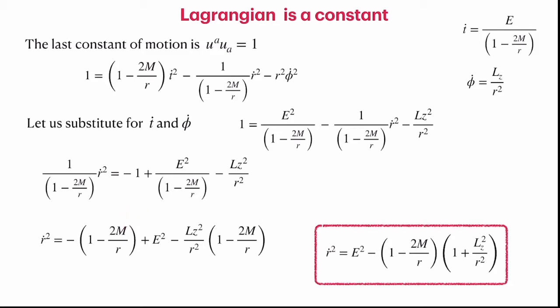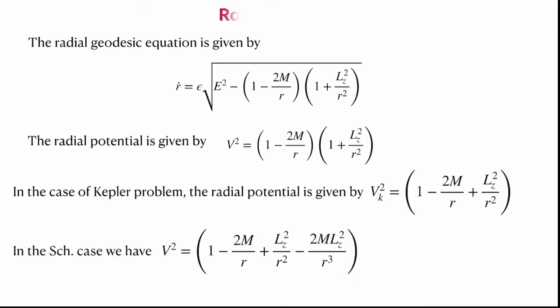These two factors are common, and then what we get is r dot square is equal to E square minus (1 minus 2m by r) into (1 plus Lz square by r square). So this is what we call the radial equation.